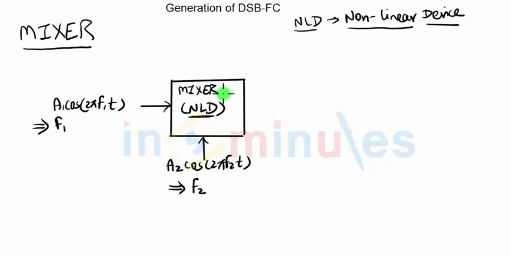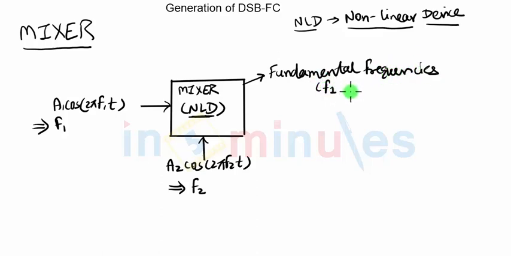Now let us see what are the outputs of mixer. Why I'm saying what are the outputs, that means there are multiple output components present at the output of the mixer. The very first output component will be the fundamental frequencies. The fundamental frequencies are nothing but frequencies f1 and f2.